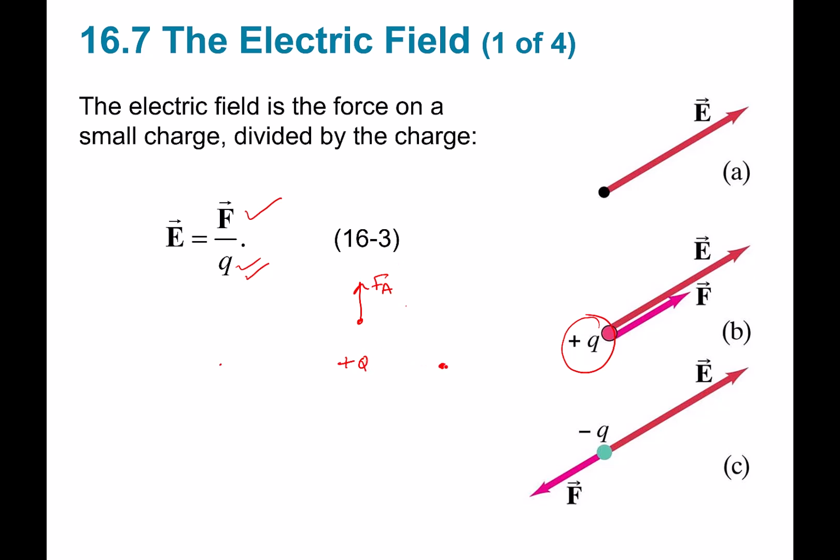And if the unit test positive charge is brought over here, it will experience a force in this direction. And if it's taken to location B, it will experience a force FB in this direction, and so on and so forth. So this is the force exerted by plus Q charge on a small test charge q placed at different locations.